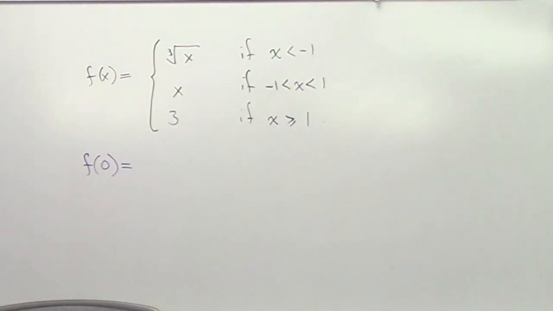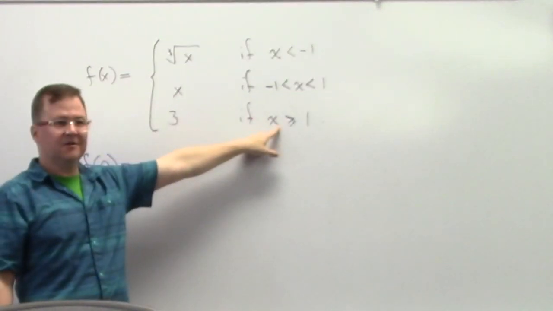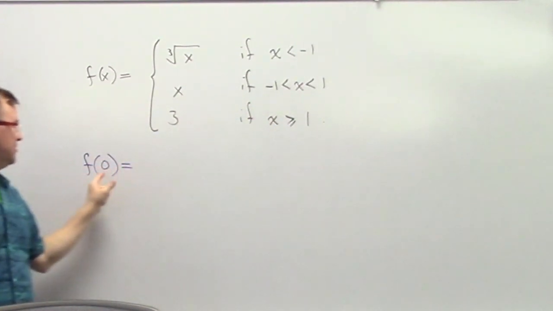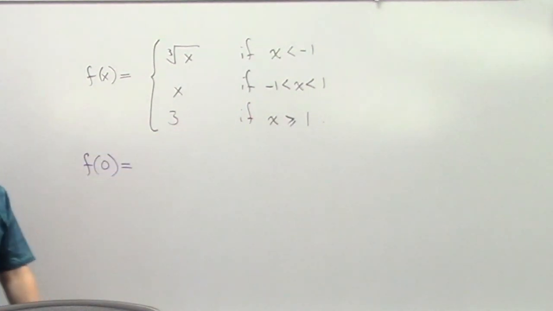What is f of 0? I would only do the constant 3 if the input was greater than or equal to 1. Since 0, the input in this case, isn't greater than or equal to 1, I'm not going to do that.